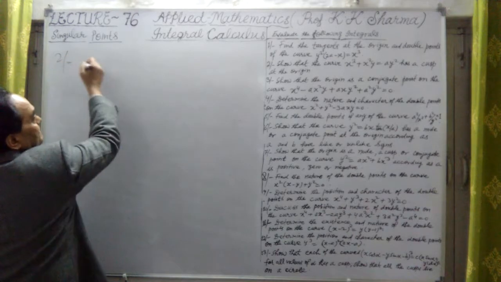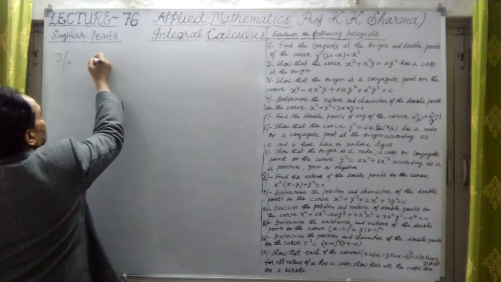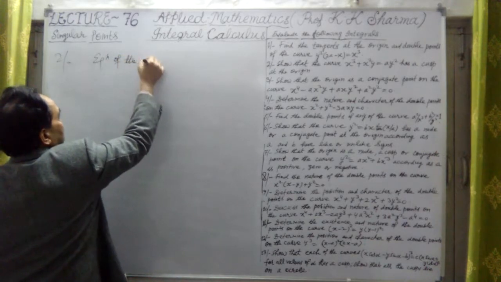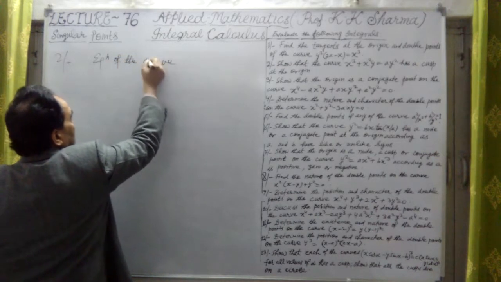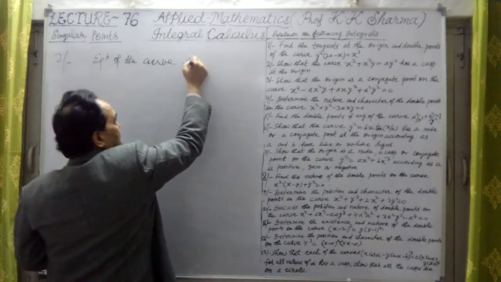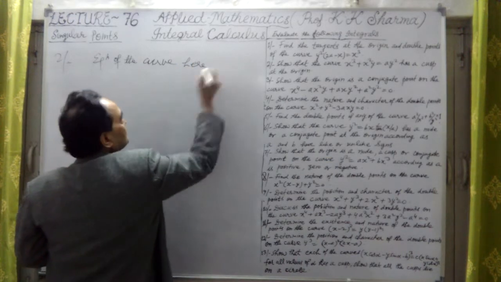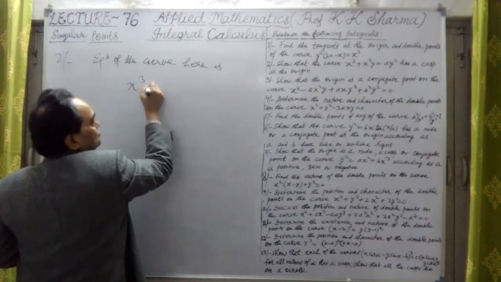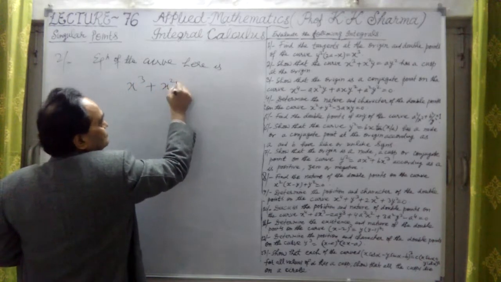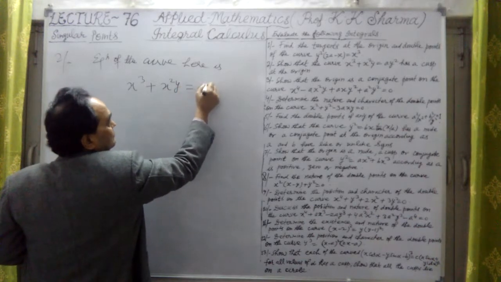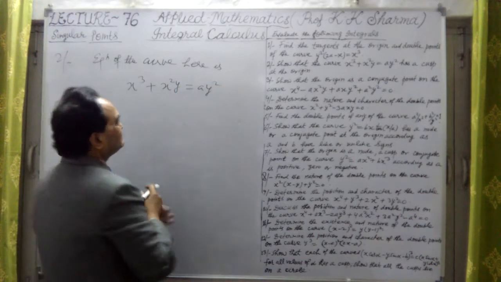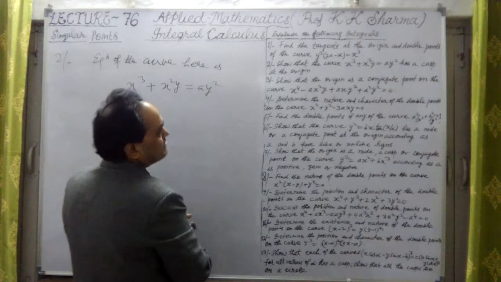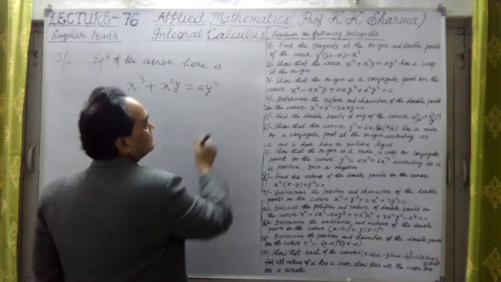The equation of the curve is x cube plus x square y equal to a y square.